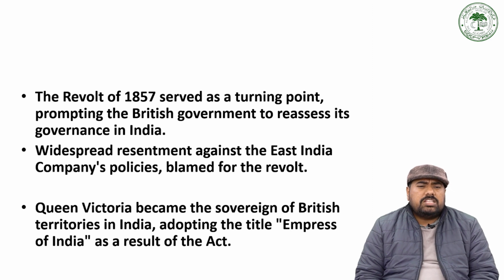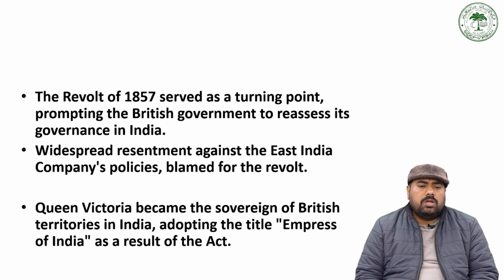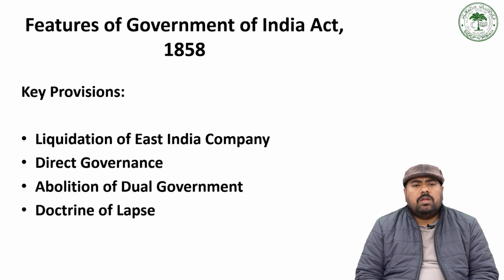There was widespread resentment against the East India Company's policies, which was blamed for the revolt, and Queen Victoria, whose picture we saw on the screen in the previous slide, became the sovereign of British territories in India by adopting the title Empress of India as a result of the act. So now the Empress of India will be directly controlling the Indian administration.